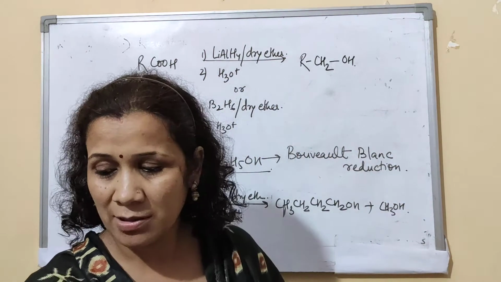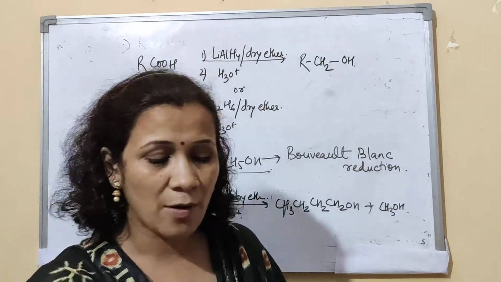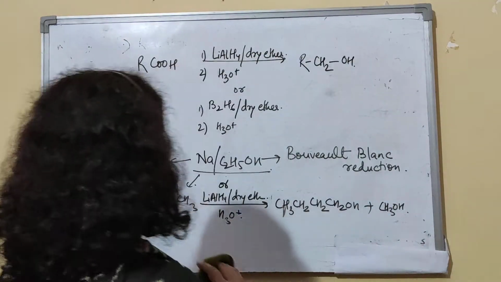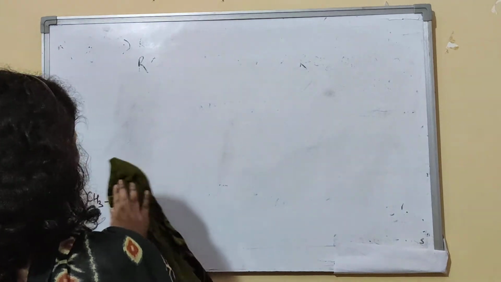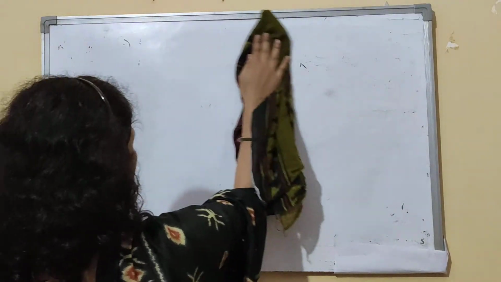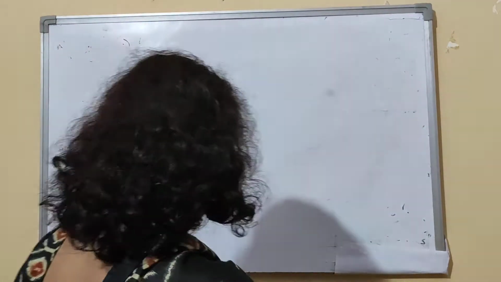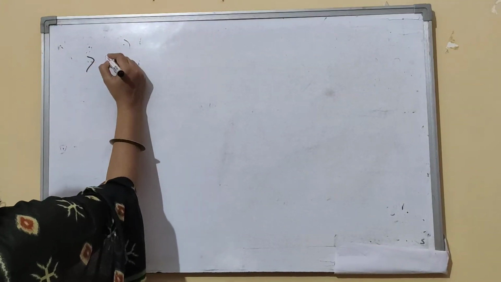Coming to the next method, that is from Grignard reagent. We are making alcohol from Grignard reagent. Now it has a general mechanism.